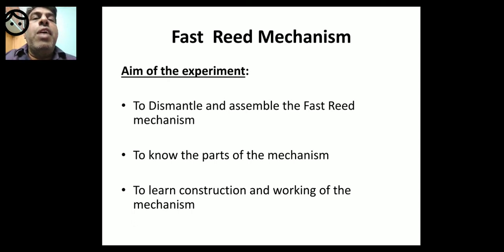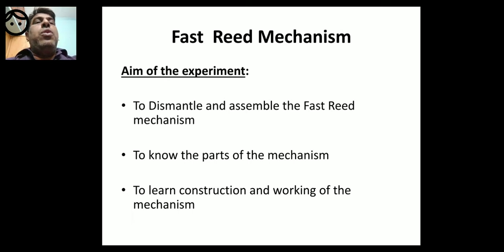And after that, warp protector mechanism. Now we are coming into the subject. Warp protector mechanism is a mechanism where, when the shuttle is trapped, in that case the loom has to stop immediately.